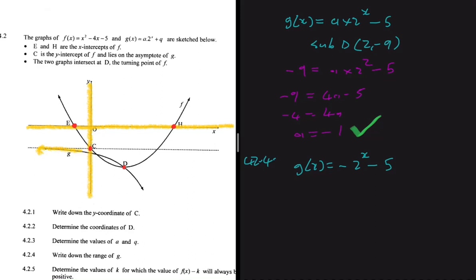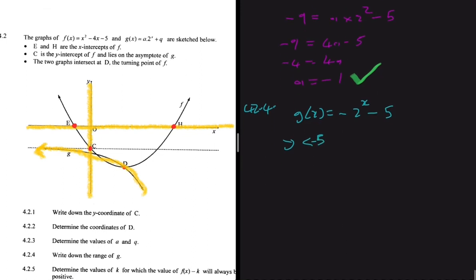They never actually touch there. The y value gets infinitely closer to minus 5, but never touches it. Going down, the y value goes to minus infinity. So the y value will always be less than minus 5.